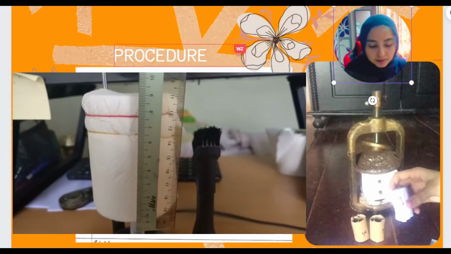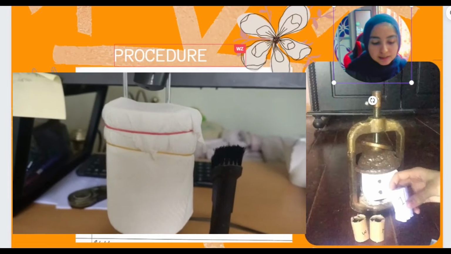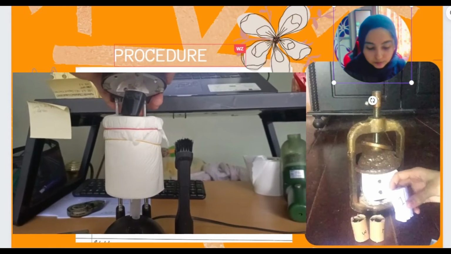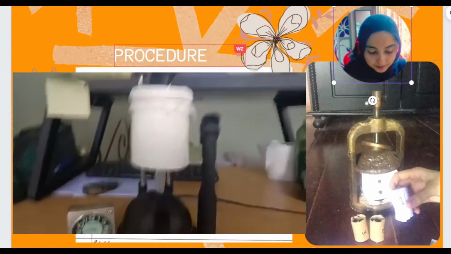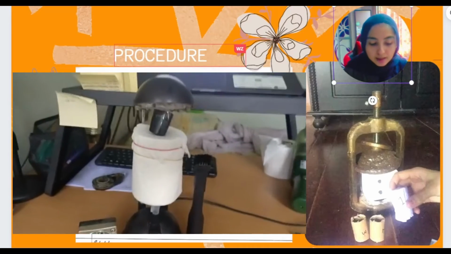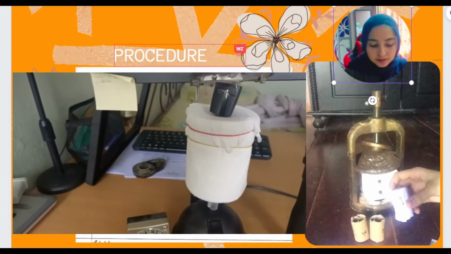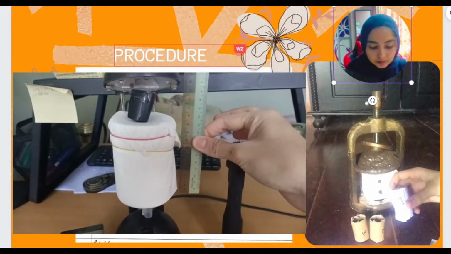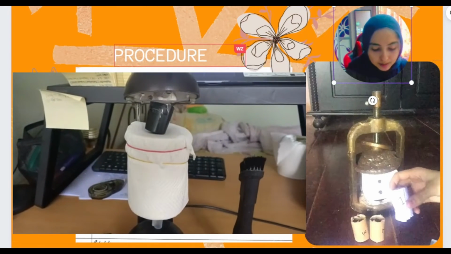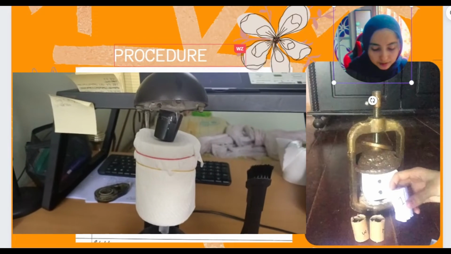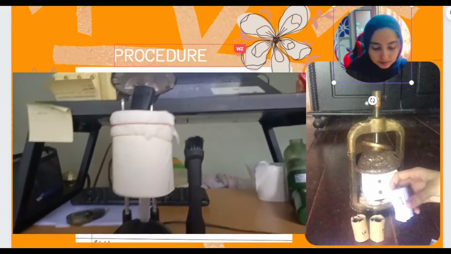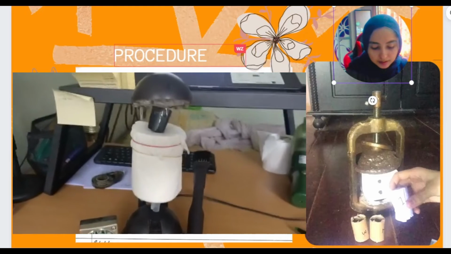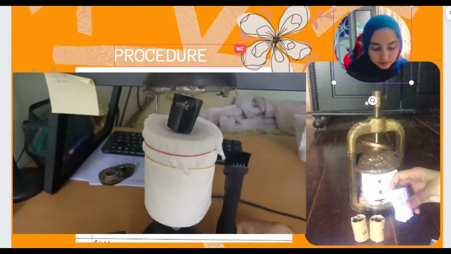The sample is placed vertically between the two platens. Next, the distance between the platen contact points is measured using the scale attached to the loading frame.